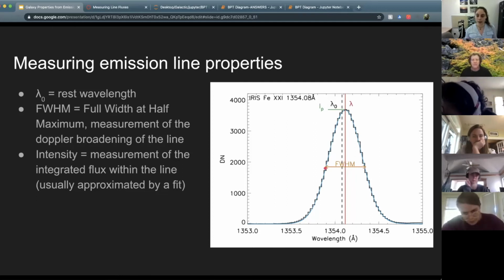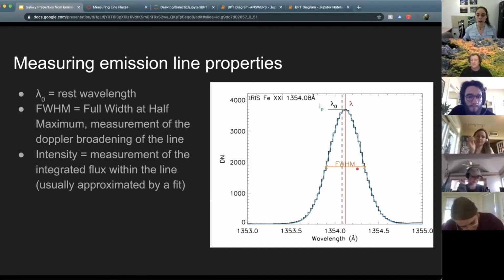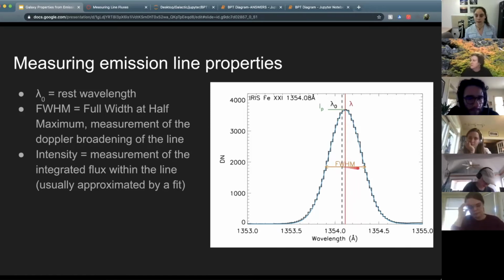The width of the line at half the peak intensity is the full width at half maximum, which will give you some information about the Doppler broadening of the line, so how fast the gas is moving. Sometimes you'll also see the half width at half maximum, which is literally just the full width divided by 2. So it is what it says on the tin. But either way, that's a way to measure the motion of the gas for whatever part of the ISM you're looking at.